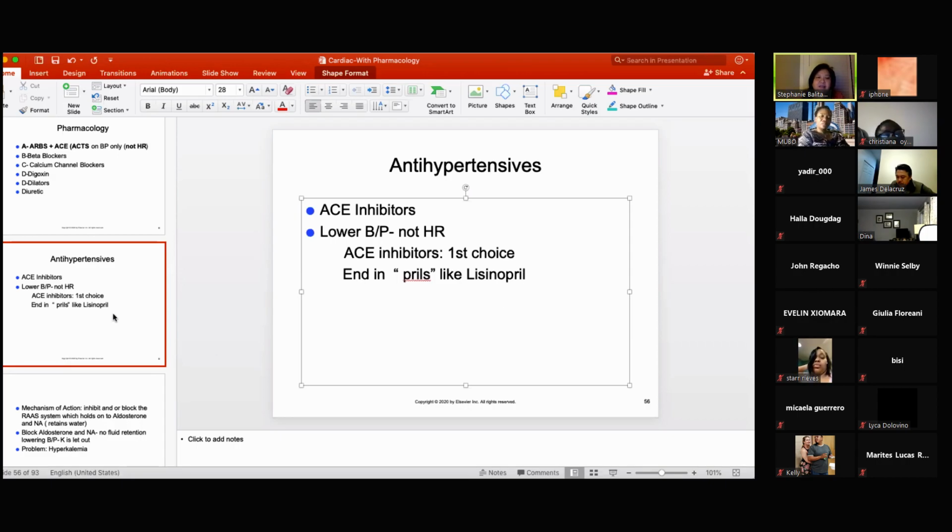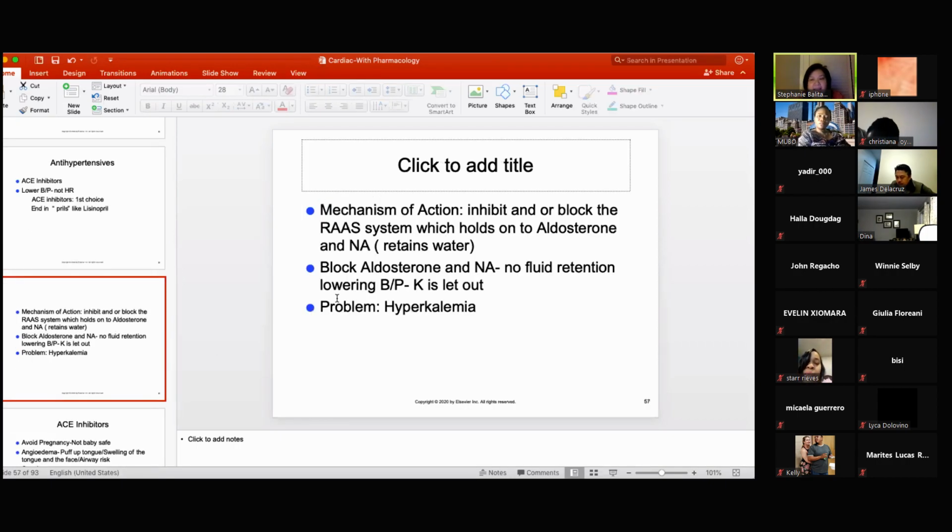How does it do that? It does that by blocking the RAS system. So aldosterone and sodium, it blocks that. It prevents the body from retaining water. So if there's less water, there's less blood pressure, right?